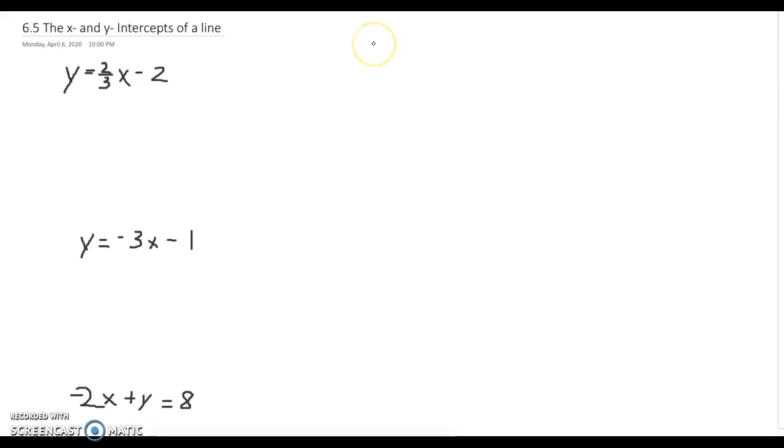And what we're talking about here really is y equals mx plus b. And this equation right here is y equals mx plus b. So you're going to see this equation a lot. Now, this right here is going to be the foundation of what we're talking about.